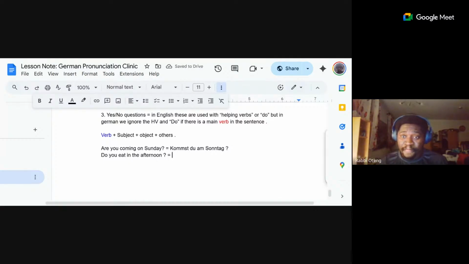So here our rule says that in German, we don't use do, is or are. We always go straight to the main verb of the sentence. So do you eat in the afternoon? But the main verb here is what?